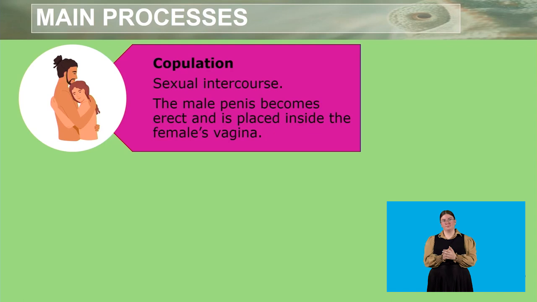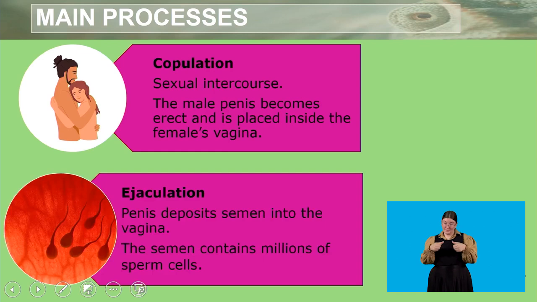What happens in this process is that the male's penis becomes erect and is placed inside the female's vagina. And then we know that in the male reproductive system, sperm are being produced.